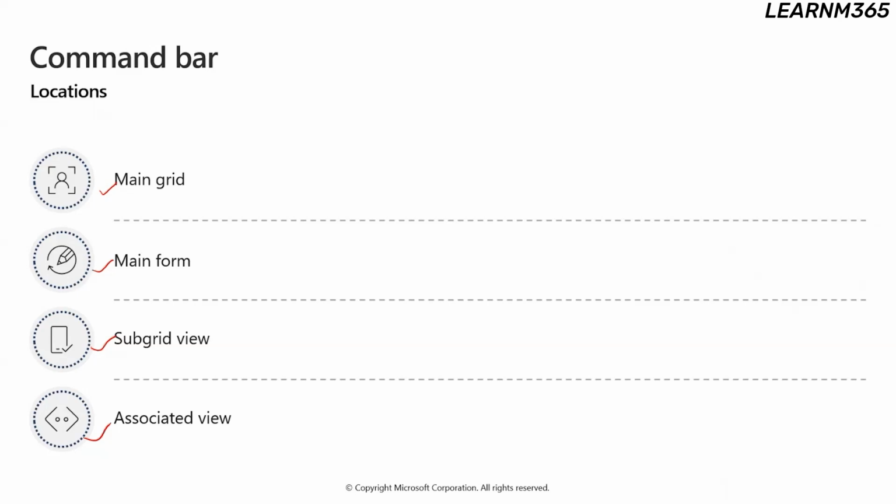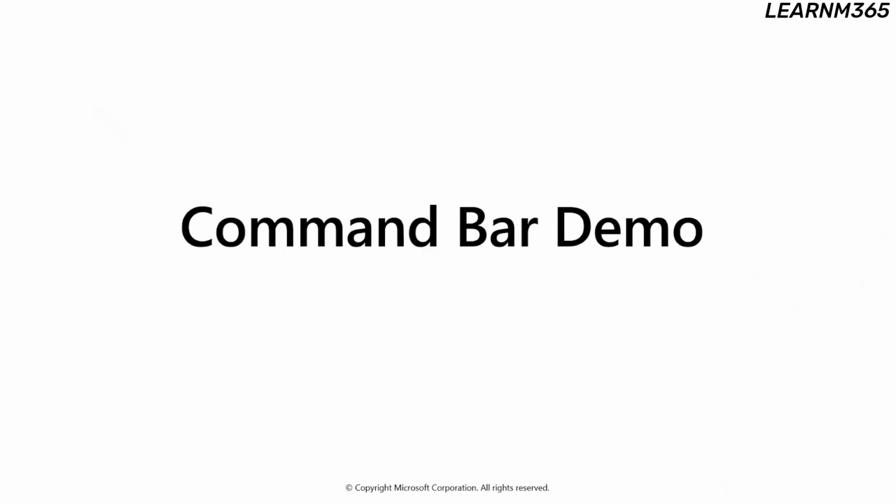And the user can display this view by selecting the related table on the main form for a row and choosing a specific table to display. Okay, and if you are working on these commands, these commands act in the context of one or more related rows displayed in the list. Now let's watch a demonstration on command bar.